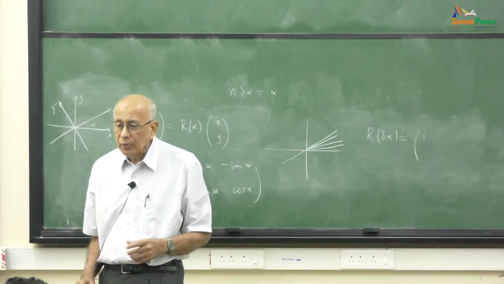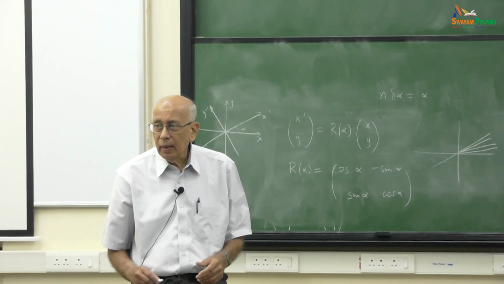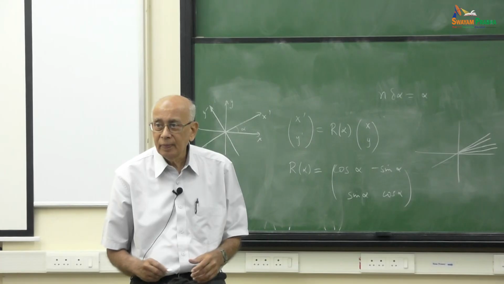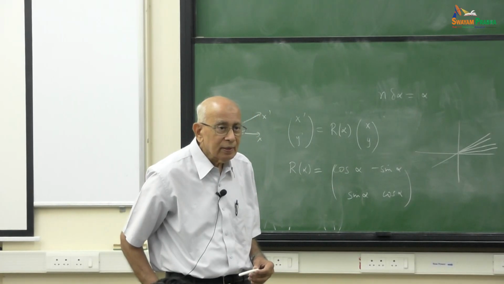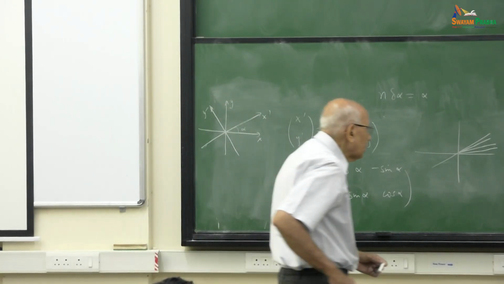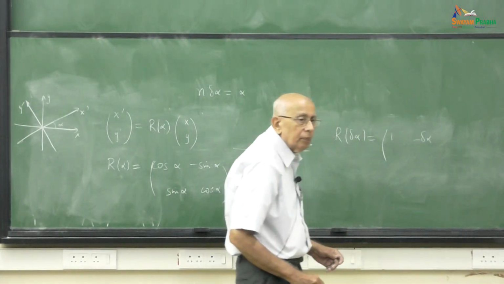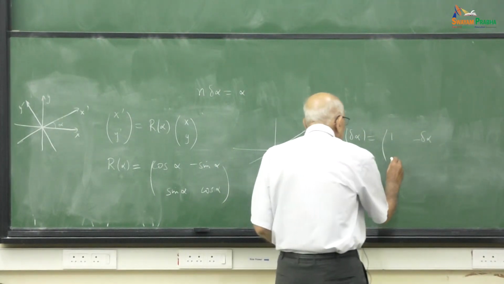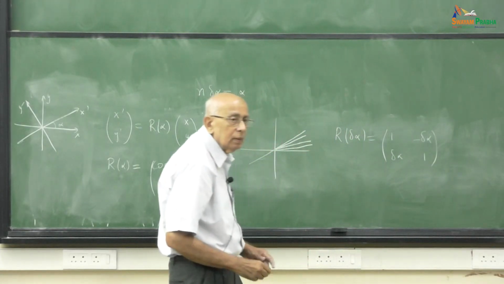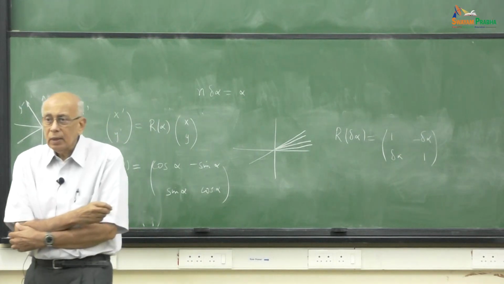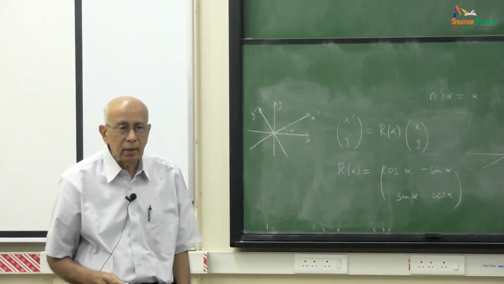What is sin x to first order in x? x or minus x? Sin x is x, very good. So this is delta alpha, minus delta alpha. Sin alpha here is delta alpha. And this is 1. That's the rotation matrix for an infinitesimal rotation delta alpha, correct to first order in delta alpha.